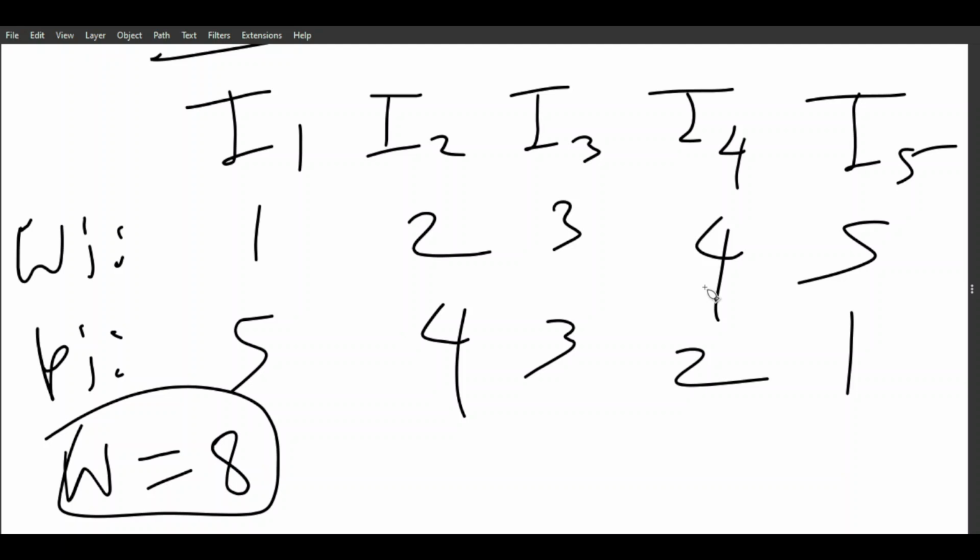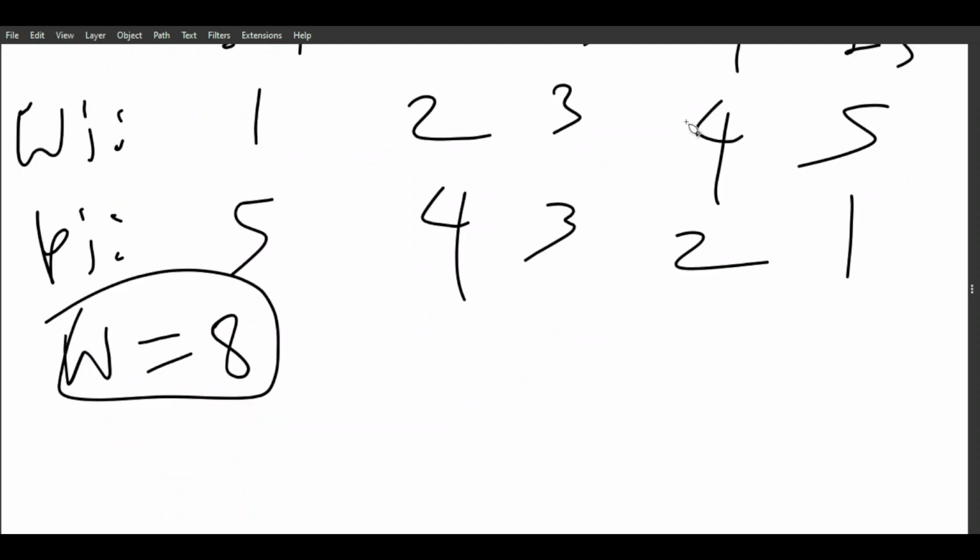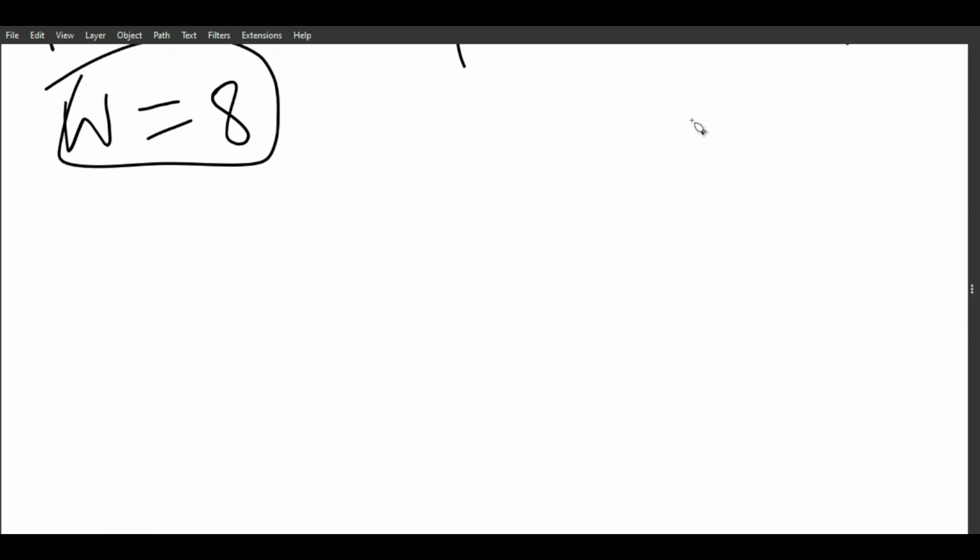So the idea is very simple. Take the most valuable item first. Once we have taken it, again repeat the same process with the remaining items. So just simply find the profit per weight. Make a table of this profit per weight, which tells the most valuable item, pi divided by wi.